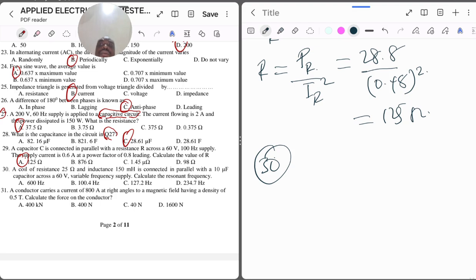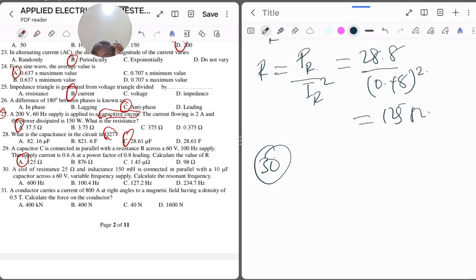Calculate the resonant frequency. I solved this question even during the Zoom lecture that we had, so it's the same question. I think this question was just lifted straight from the handout. I solved it, but I'm going to solve it again.